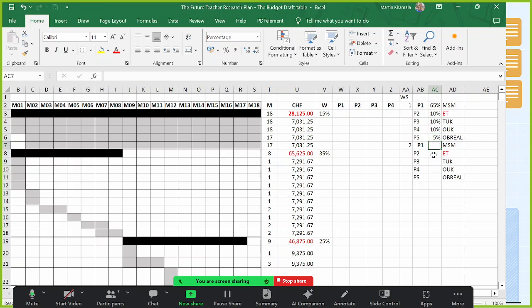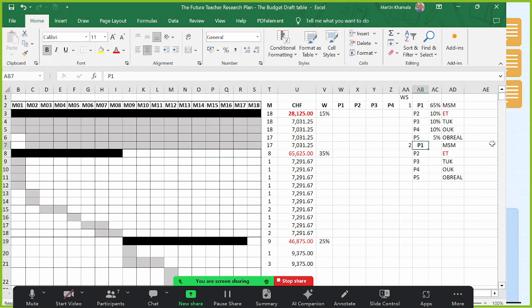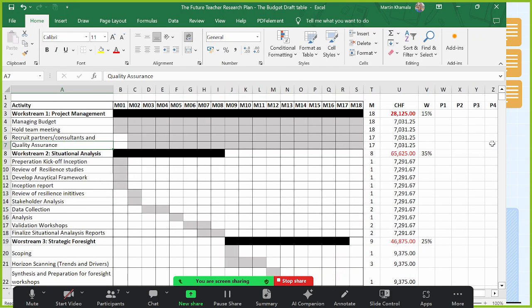So now we're looking at this one. Again, it has to add up to 100. MSM, what do you think your percentage involvement will be on this situation analysis, work stream 2? All this ground game. There's also some preparation and analysis at the end, but there are also validation workshops. Because you're doing the validation workshop and maybe some other things, maybe 10 to 15% of that.